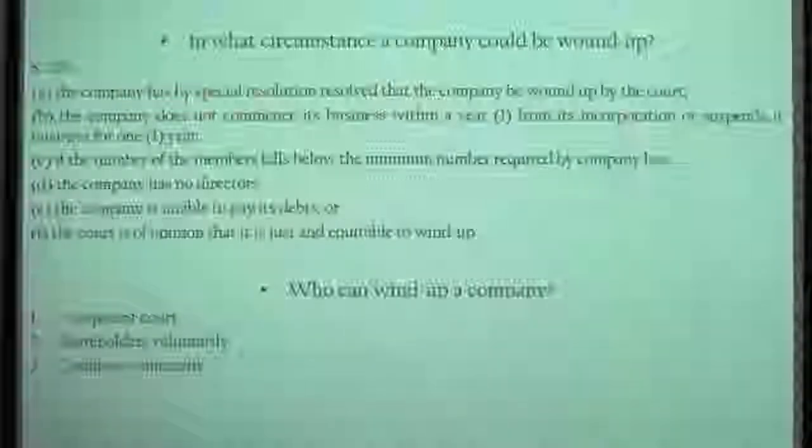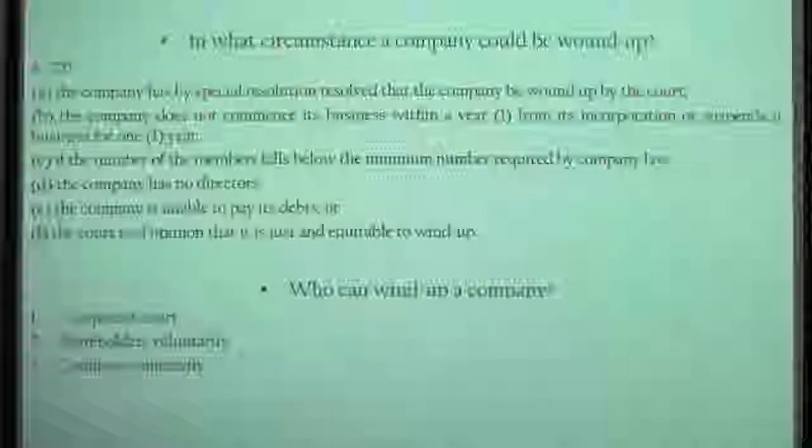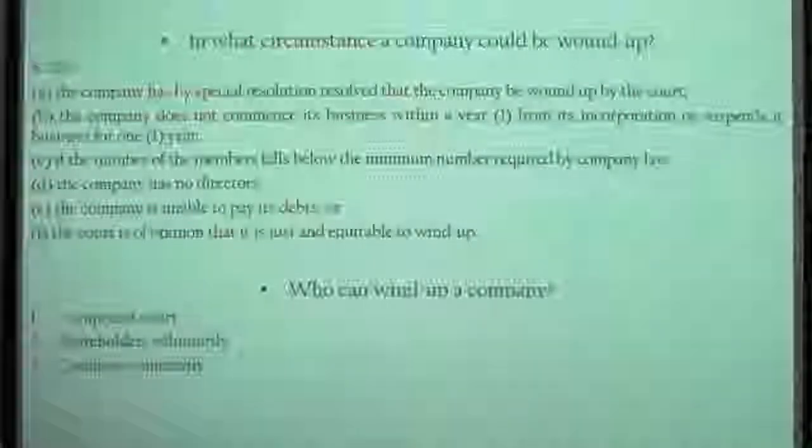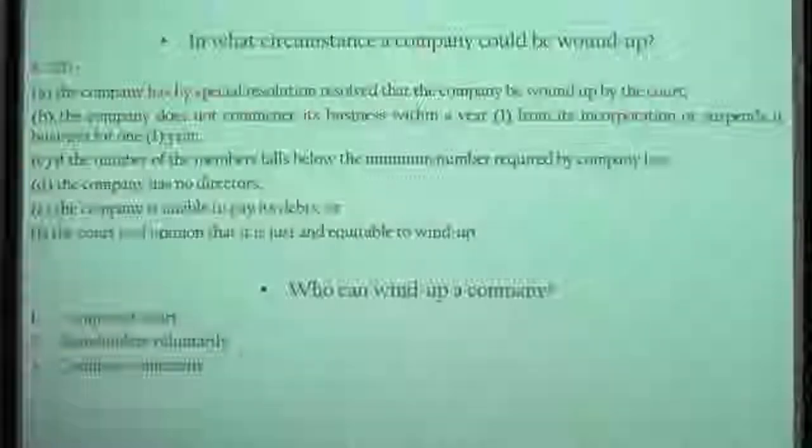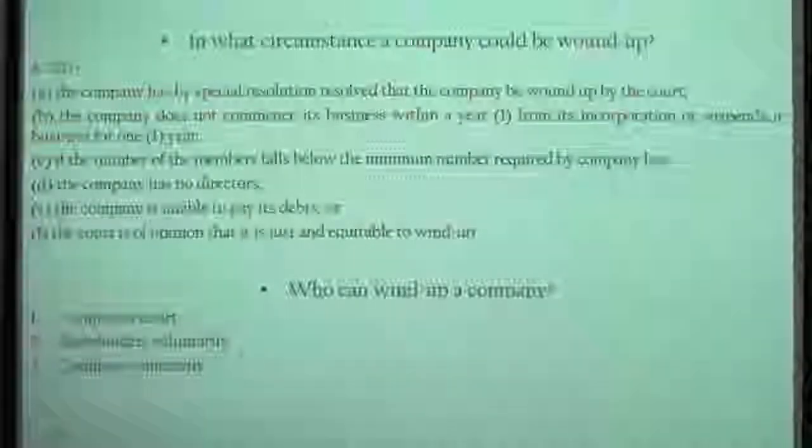The next situation is where the company is unable to pay its debts. Now, we saw in Solomon versus Solomon and Company Limited that Solomon was bankrupt, or rather before bankrupt, basically the company did not have sufficient assets to pay off the creditors, the debt to the creditors.